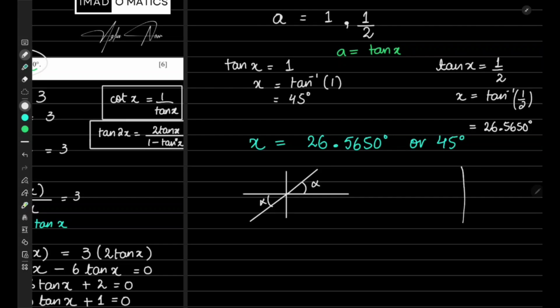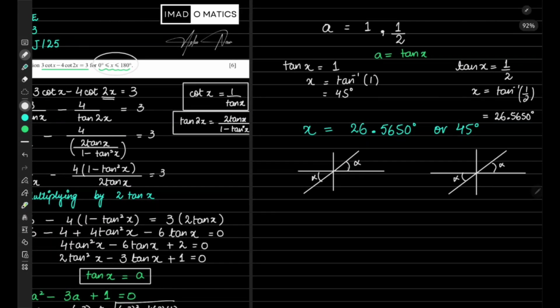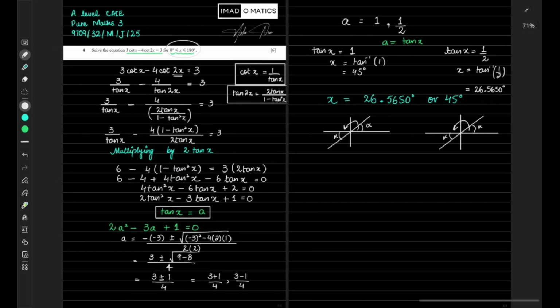Both are positive, so the angle must be either in the first or third quadrant. As the range is just from 0 to 180 degrees, the only angle that lies in that range is the angle of the first quadrant. That is why these are the two solutions of your equation.